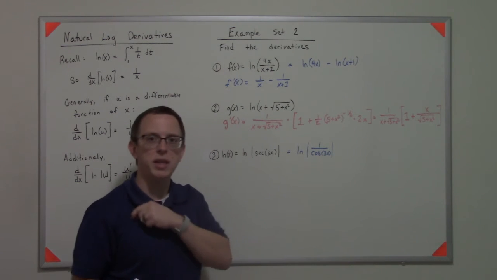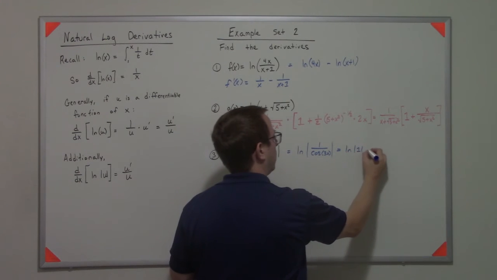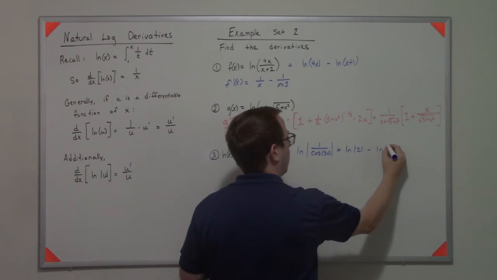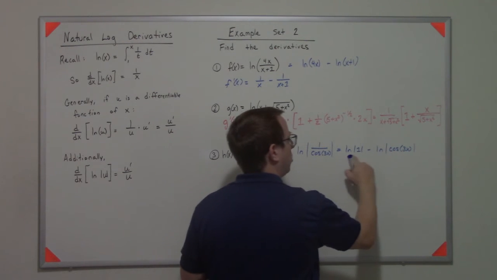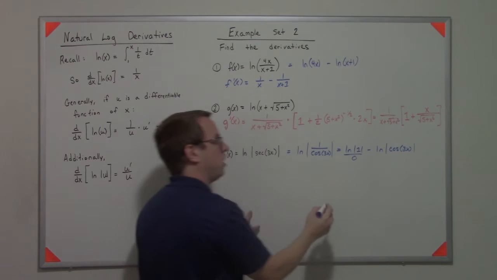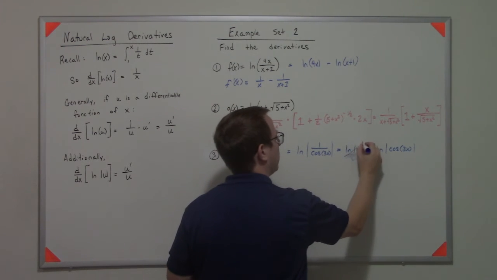So then I can split that up. That's natural log of 1 minus natural log of cosine 3x. But we know natural log of 1 is just 0.